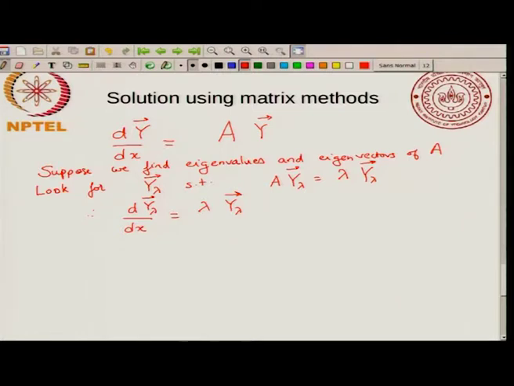So, dy1 by dx equal to lambda y1, dy2 by dx equal to lambda y2, and so on. The solution of this I can write as y1 equal to c1 e to the lambda x, y2 equal to c2 e to the lambda x, and so on.